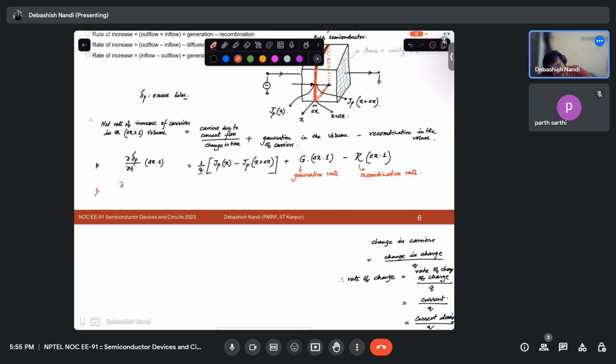So now you can write del P over dt, and if you take delta x in the right hand side denominator, you will have 1 over Q times Jp of x minus Jp of x plus delta x over delta x plus G minus R. So you have dp over dt equal to 1 over q, and this term, if delta x tends to 0 in the limiting sense, becomes minus djp of x over dx.